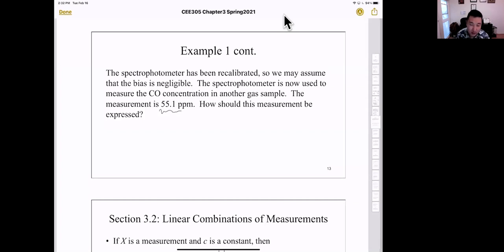How should this measurement be expressed? The uncertainty is still 2.8 ppm, from the last slides.